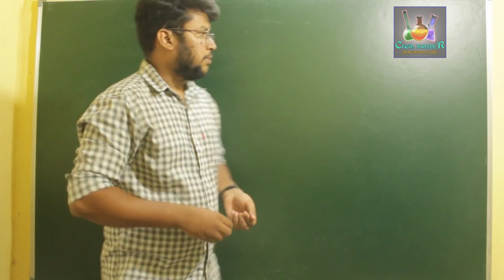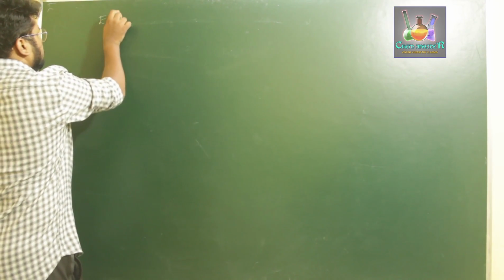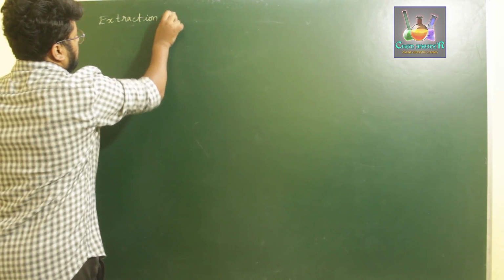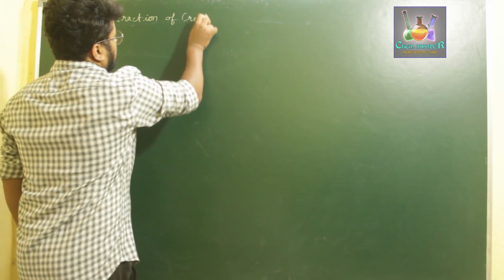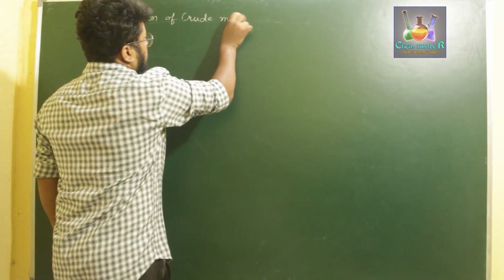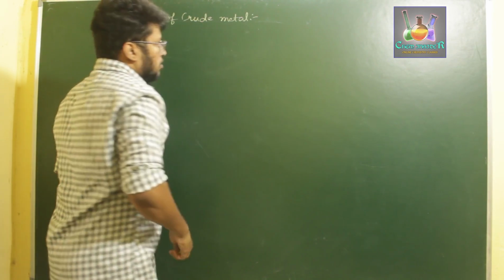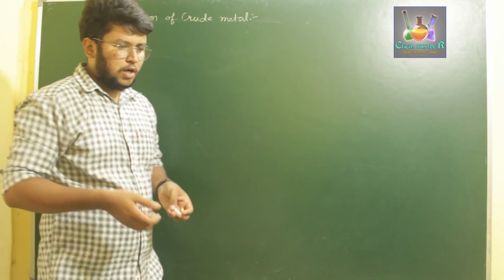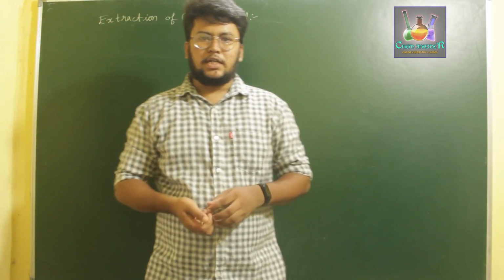So the next topic is extraction of crude metal from the concentrated ore. In general, our concentrated ore contains several ores or gangue particles present in it.